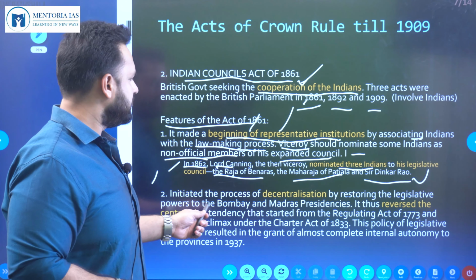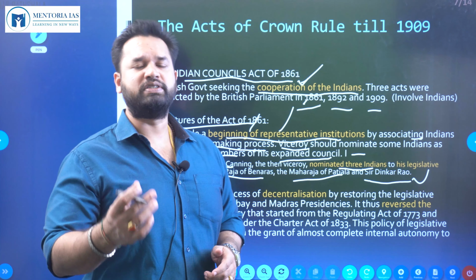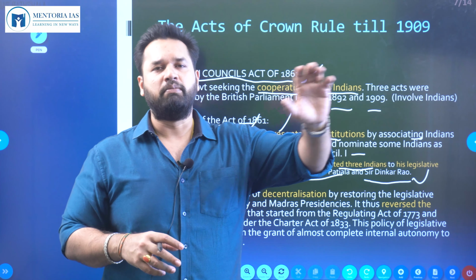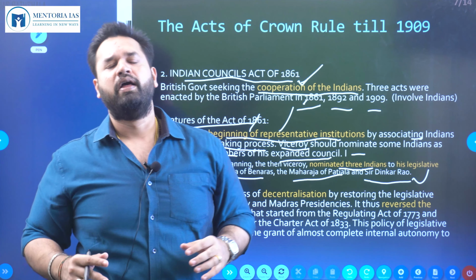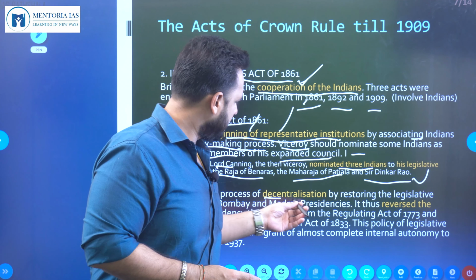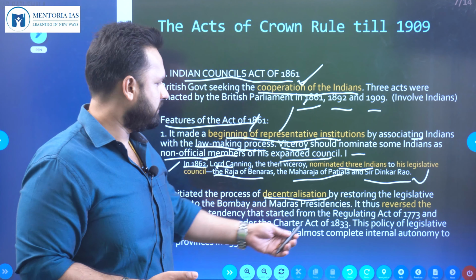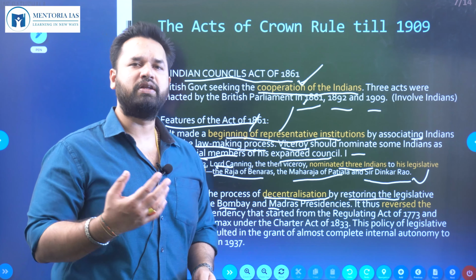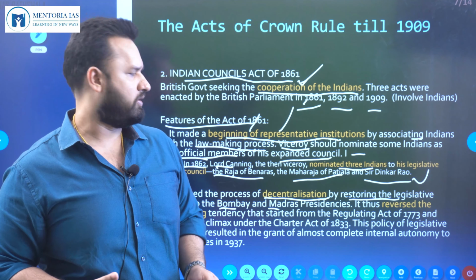And then it initiated a process of decentralization. We said earlier it was all centralization. The powers of Bombay and the powers of Madras were all given to Bengal. And now it said the powers will be decentralized, by restoring legislative powers to Bombay and Madras. The Bombay and Madras presidencies were given legislative powers back.